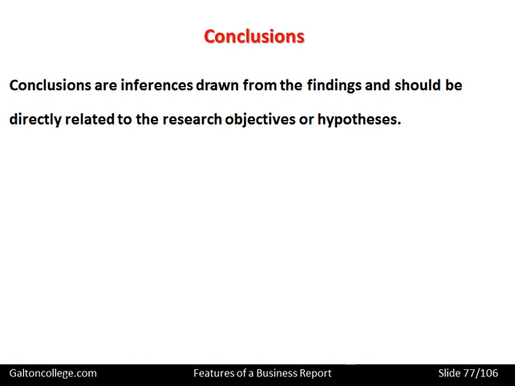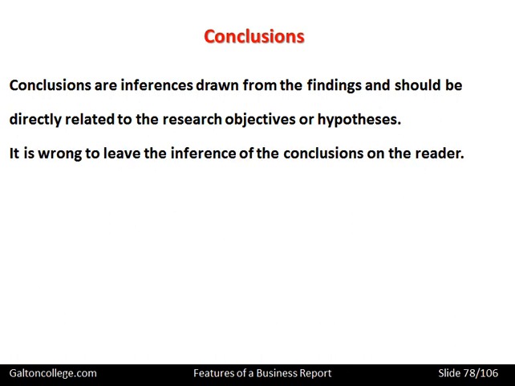The conclusions can't be based on anything else. Basing it on something else would be wrong, because that did not appear in this research project. It's only the work of this research project that can yield the conclusions. So the conclusions are based entirely on the findings.